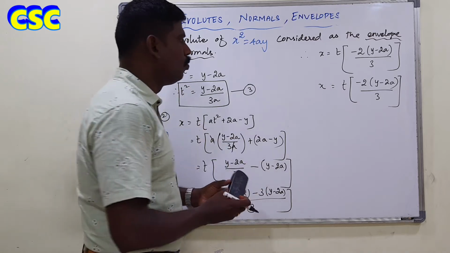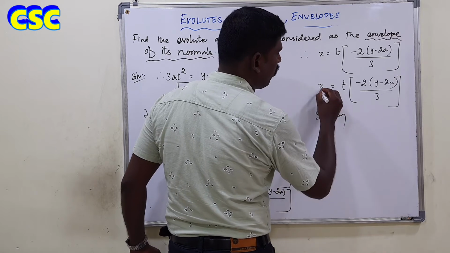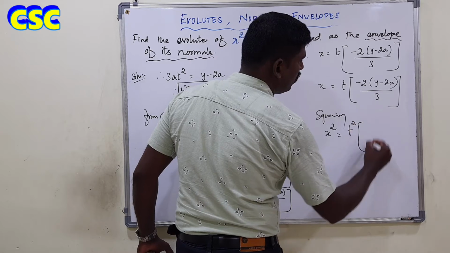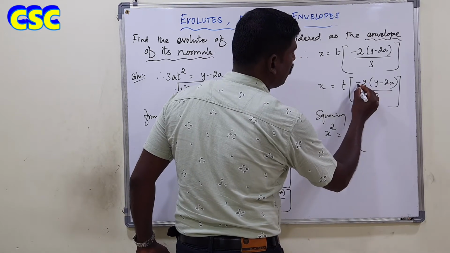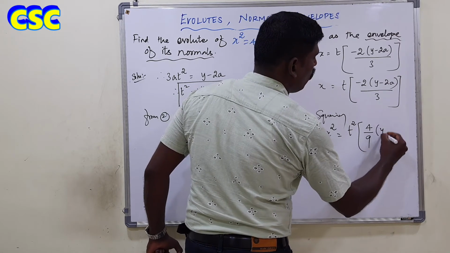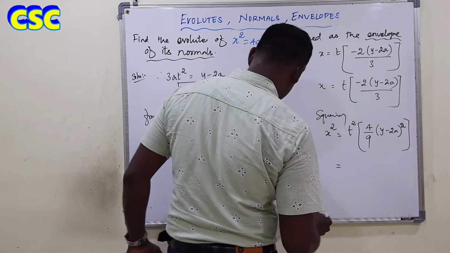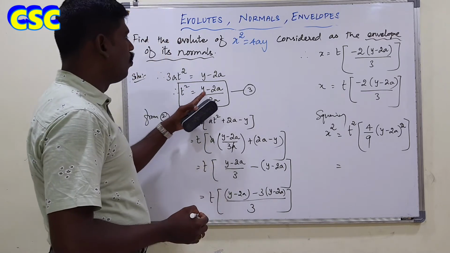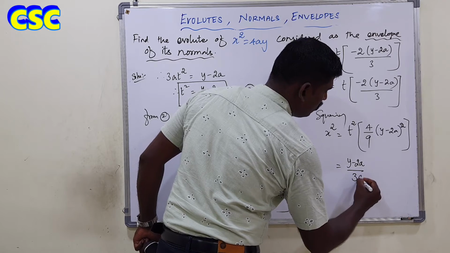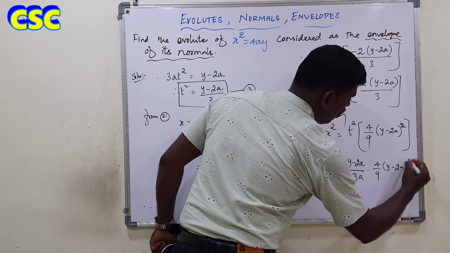So I am taking the square on both sides. Squaring on both sides, what will you get? X square is equal to t square into, when we take the square, this minus becomes plus, this 2 becomes 4, by 3 becomes 9, y minus 2a the whole square. So what is t square once again? Y minus 2a by 3a. So y minus 2a by 3a into 4 by 9 y minus 2a the whole square.